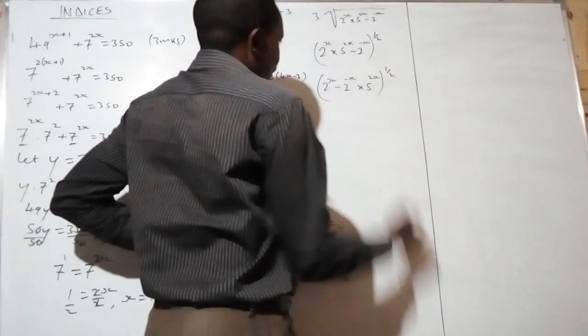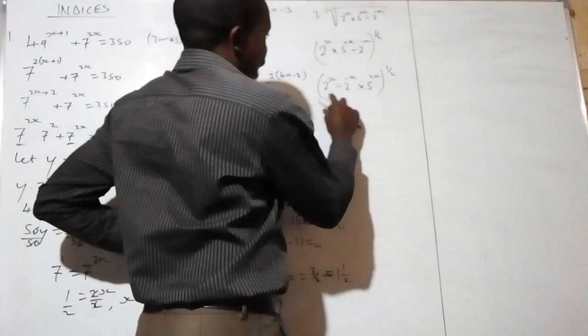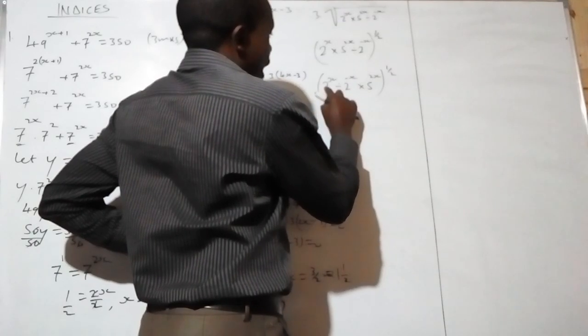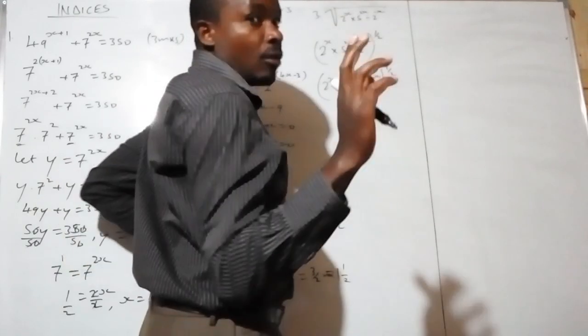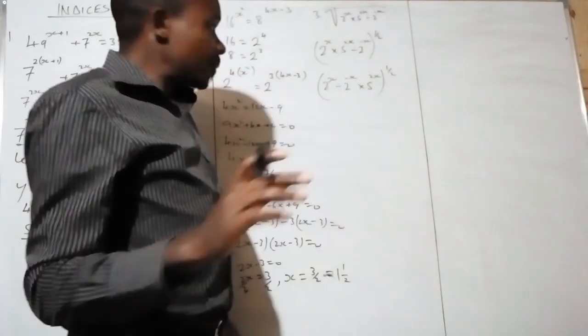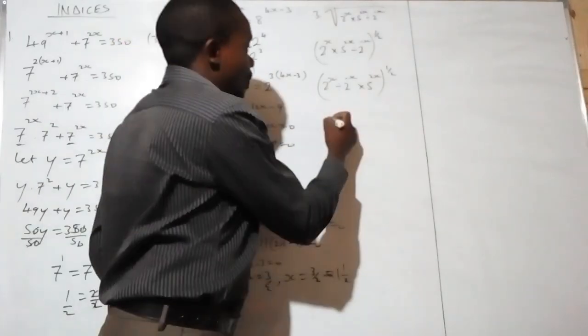Then according to the law of indices, we have base 2, base 2. Pick a single base 2, then you work out the powers.